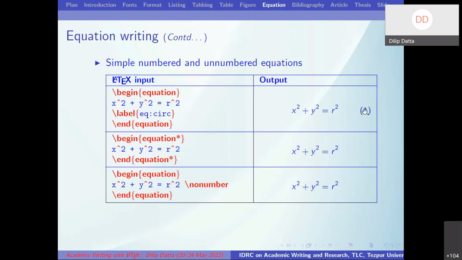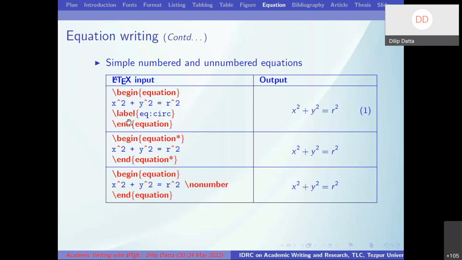Now since it is numbered, we can label this equation so that we can refer to it somewhere. Generally, if we produce some equation or insert a table or figure in any document, that must be referred to somewhere at least once. Otherwise, those are treated as redundant.